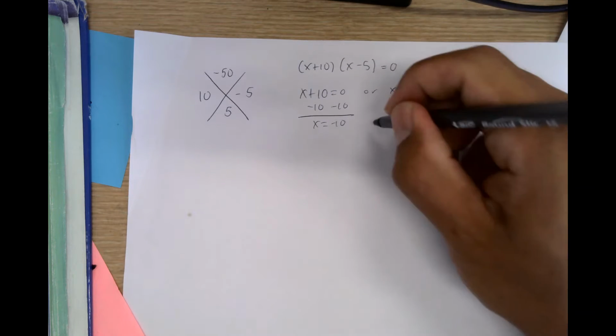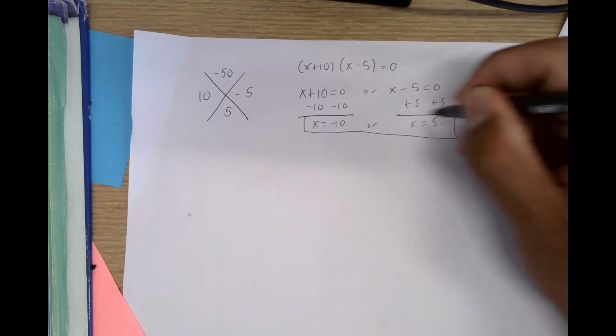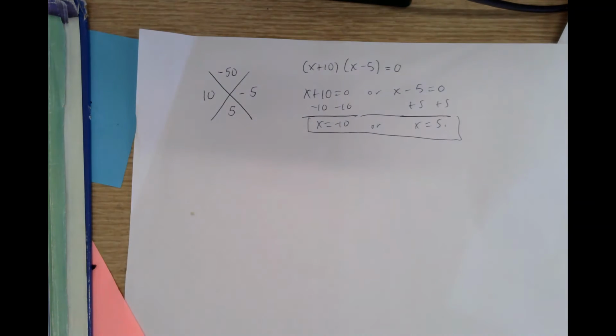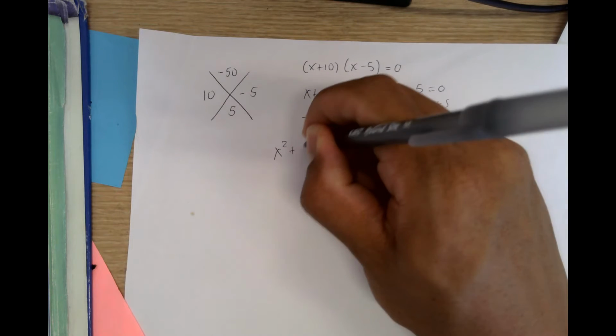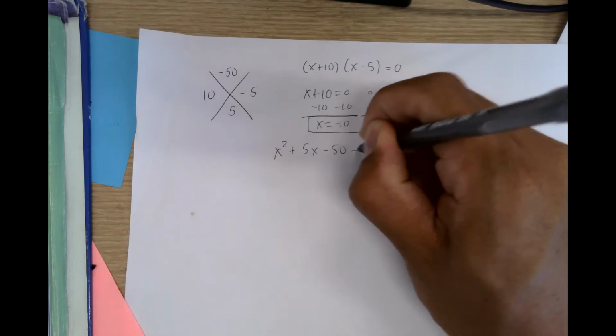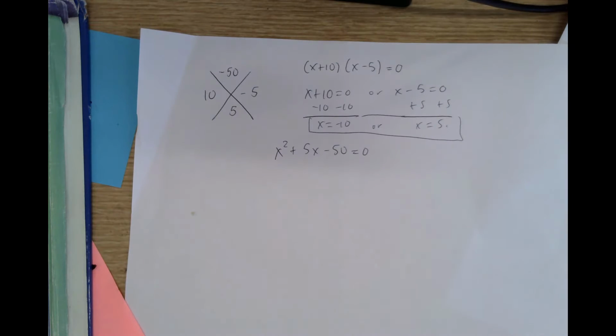So again, what does this mean, to have this as an answer? There are really two different questions here. One of the questions is that if you are given something like this problem, where it says x squared plus 5x minus 50 equals 0, and they're asking us to solve, what we're solving for is when this statement is true.